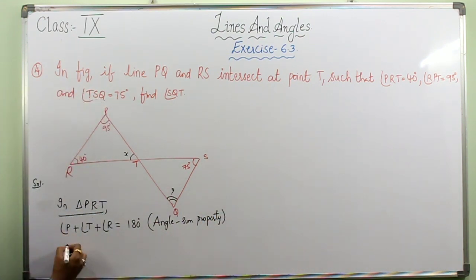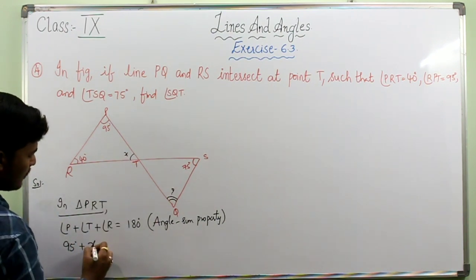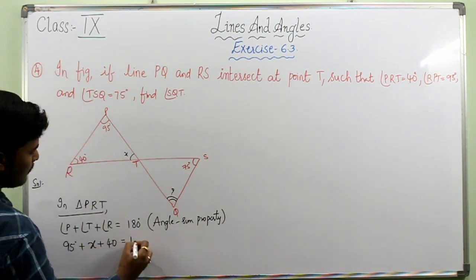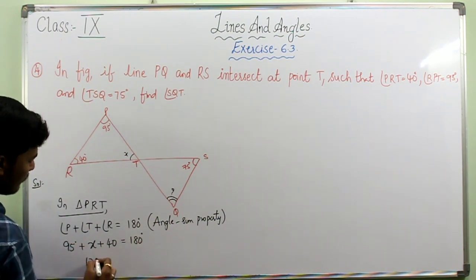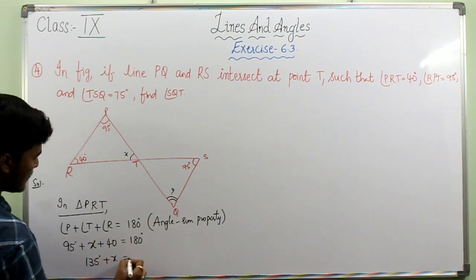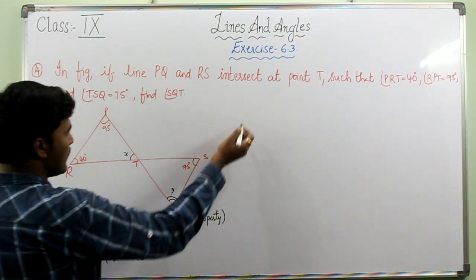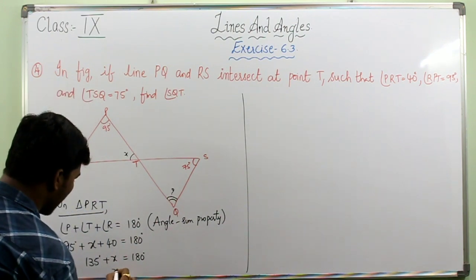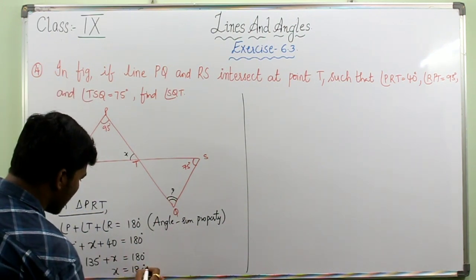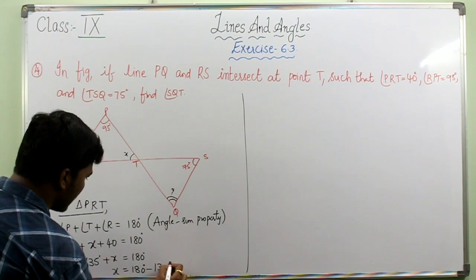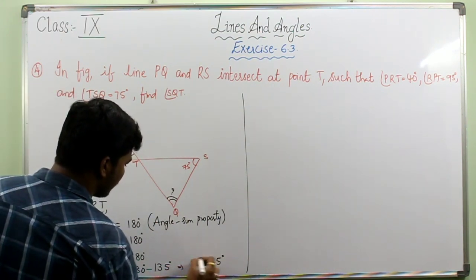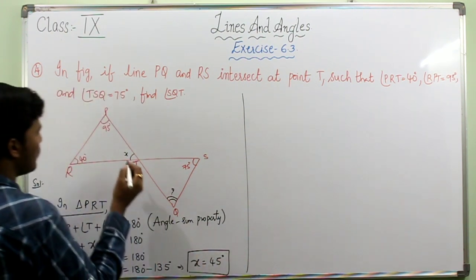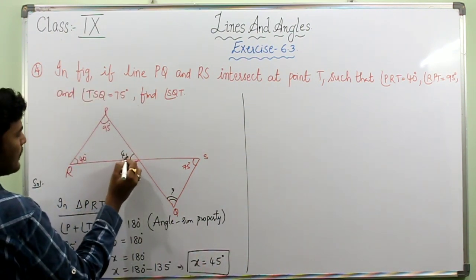So angle P is 95 degrees plus T, which I am taking as X, plus R is 40 degrees, equal to 180 degrees. From that, 95 plus 40 will become 135, plus X is equal to 180 degrees. So X is 180 minus 135, which gives X as 45 degrees.